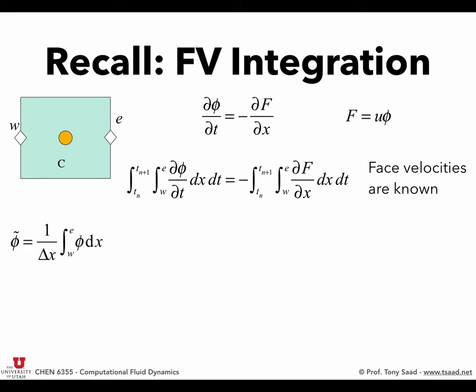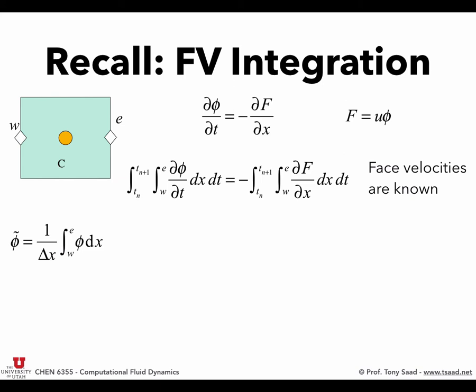Okay, now for the finite volume formalism, we say that we're only going to track the average value of phi in the cell. So we're going to call that phi tilde, and define it as the average value of phi in the cell. What is the average value of phi? It's 1 over delta x times the integral of phi dx, right? In 3D, this is 1 over delta v, the integral over the volume of phi dv. Okay, so that's just phi tilde.